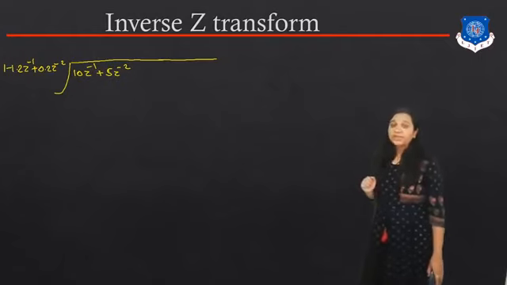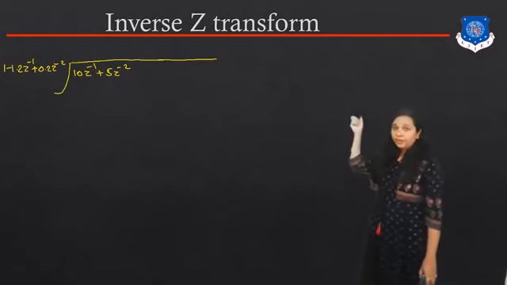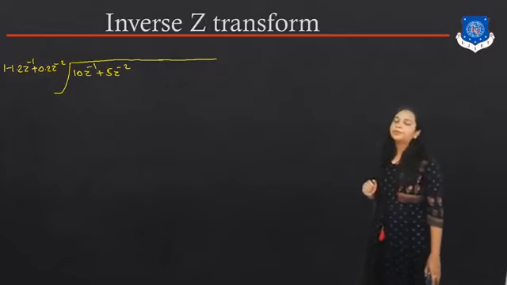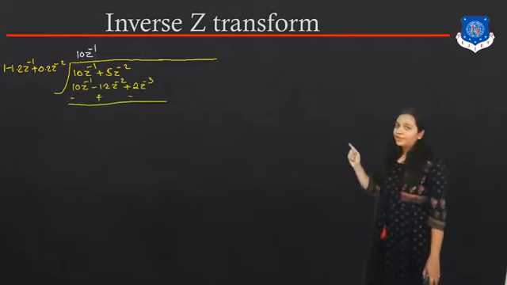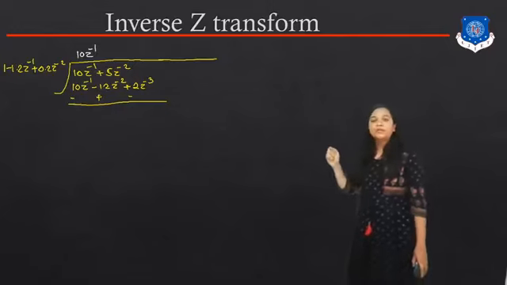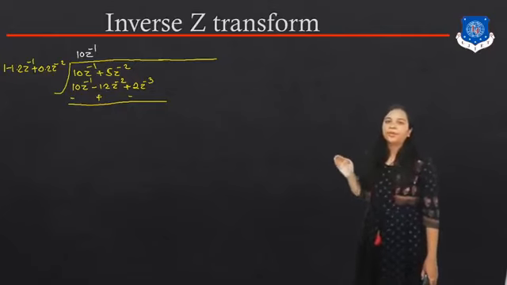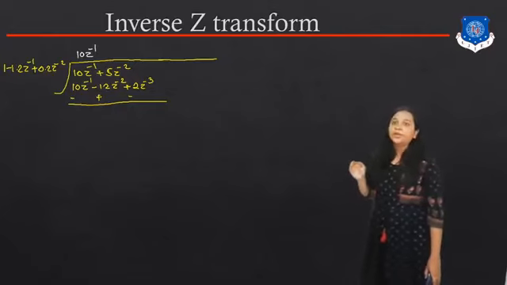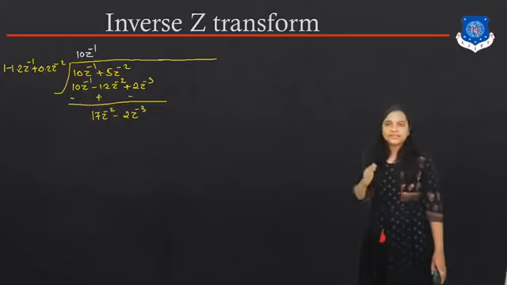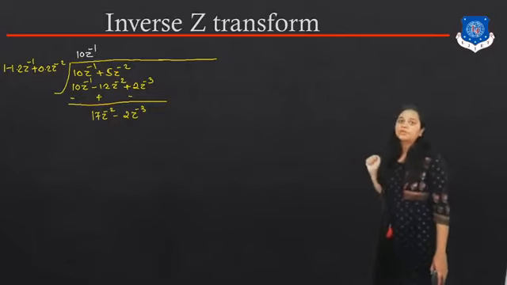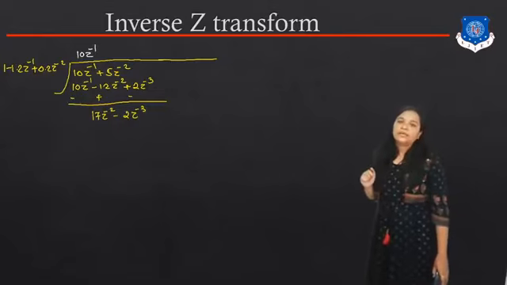First we multiply the denominator by 10 z to the minus 1, giving 10 z to the minus 1 minus 12 z to the minus 2 plus 2 z to the minus 3. The 10 z to the minus 1 terms cancel out, and we get 17 z to the minus 2 minus 2 z to the minus 3.